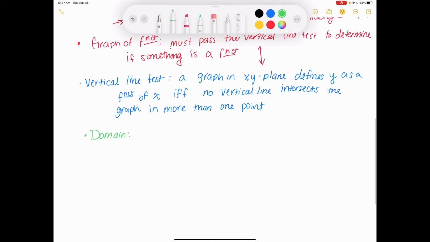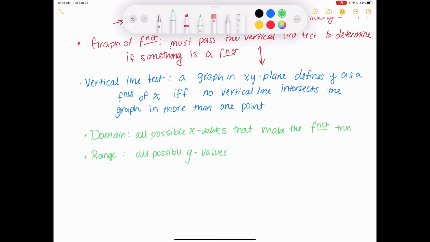So domain is all possible x values that make the function true. Okay, range are all possible y values that it takes on in the graph.